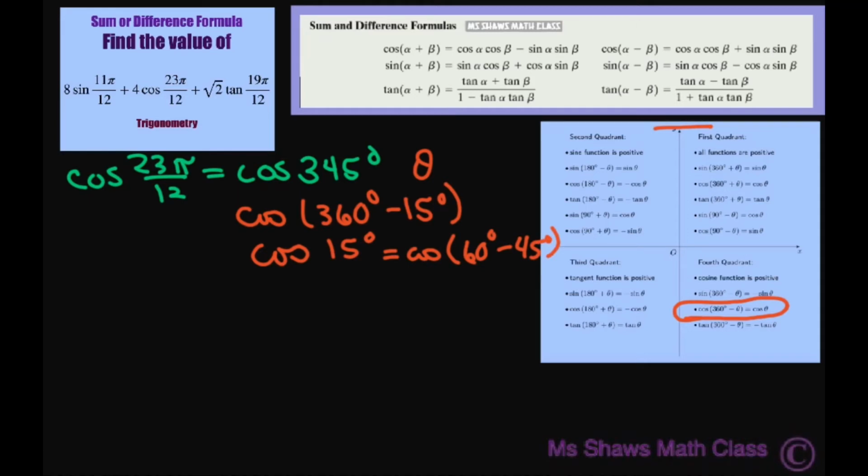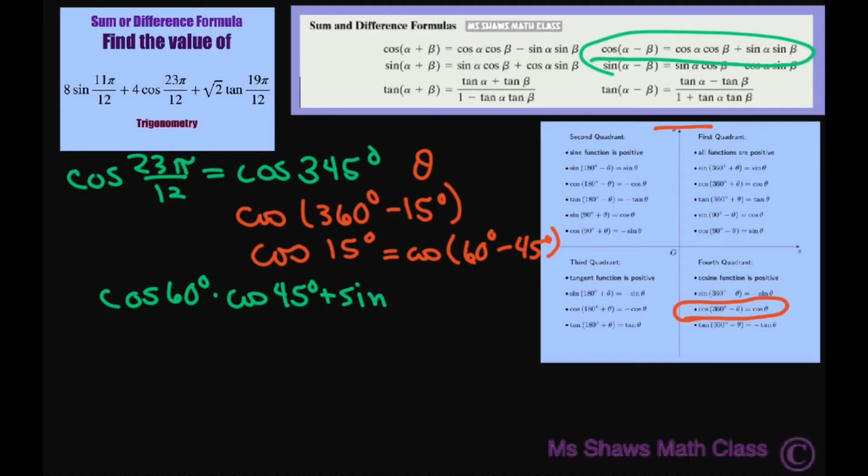Looking at my sum and difference formulas, that means I'm going to use this one. So this is going to give me cosine of 60 degrees times cosine of 45 degrees plus sine of 60 degrees times sine of 45 degrees.